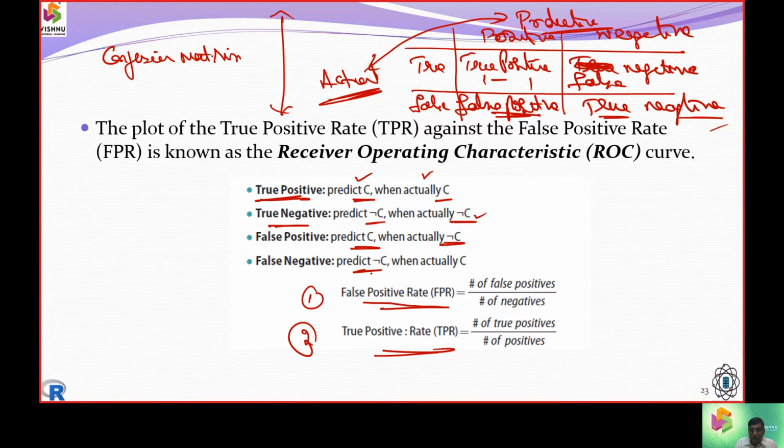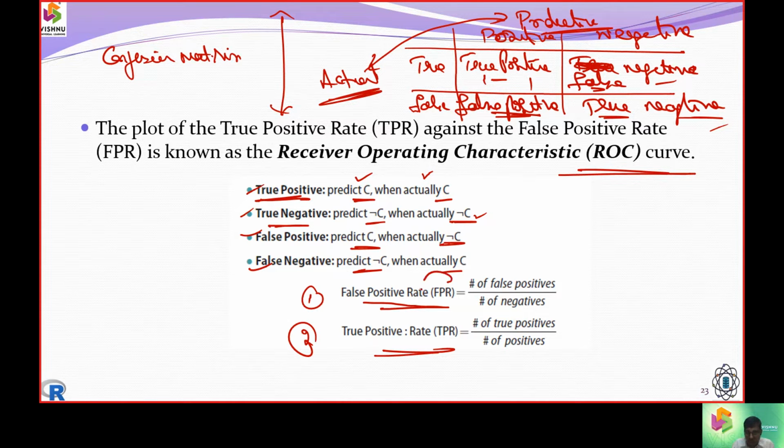Similarly, we didn't predict it, but actually it happened. So we call that element a false negative value. So true positive, true negative, false positive, and false negative are all linked to generate the receiver operating characteristic curve.